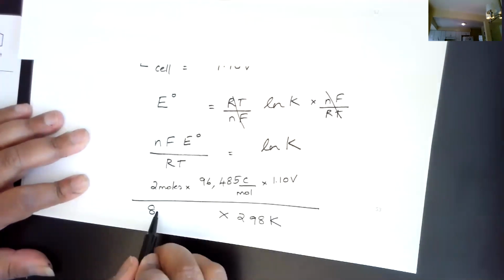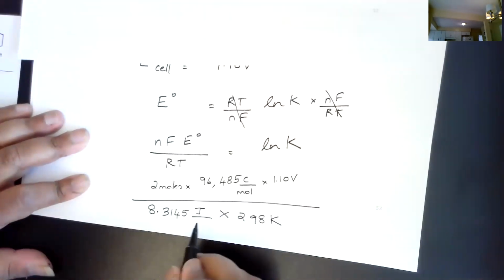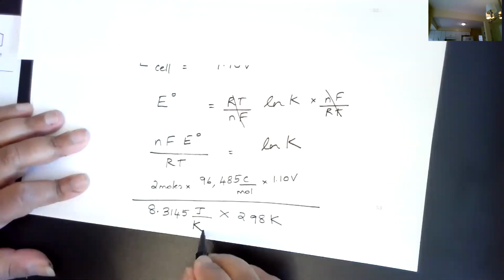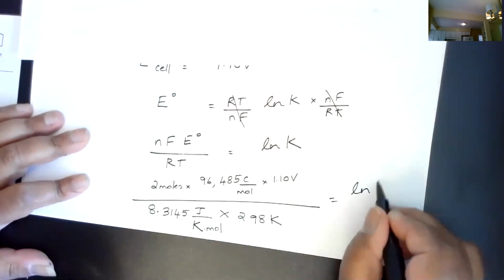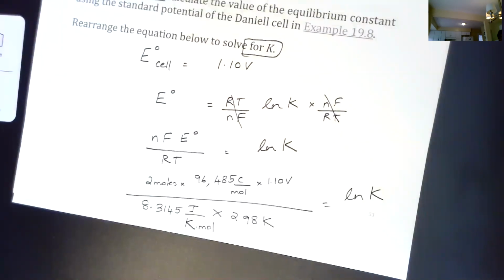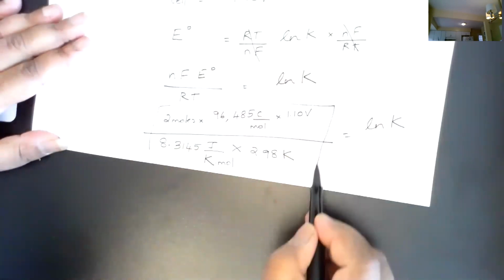Because we're still talking about energy, right? Joule per Kelvin per mole. So here we have an unnecessary mole, and we'll worry about it later or ignore it for the time being. Can you calculate ln K first, please? One last calculation for the day.